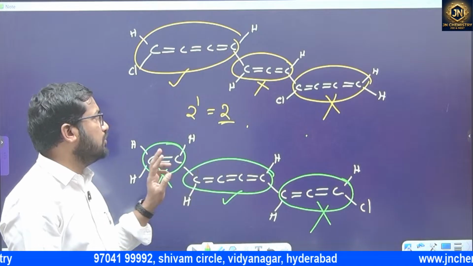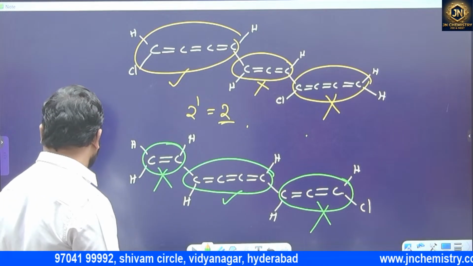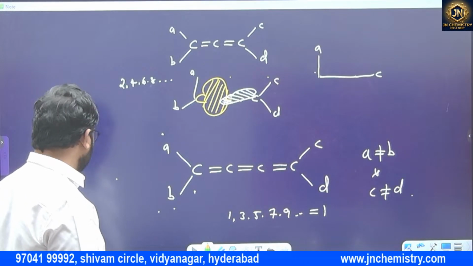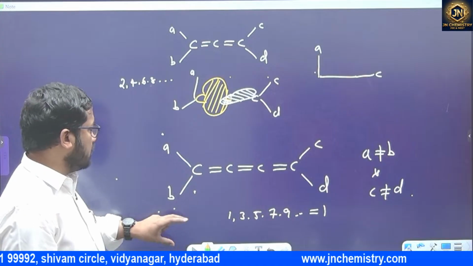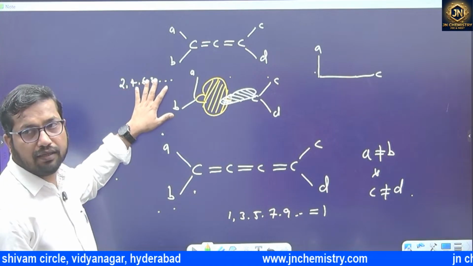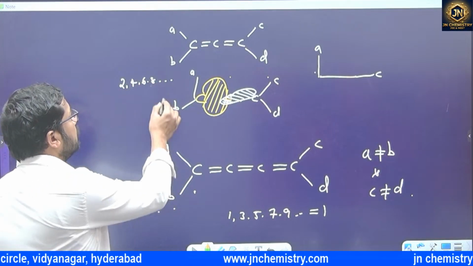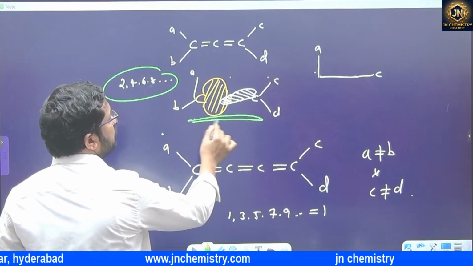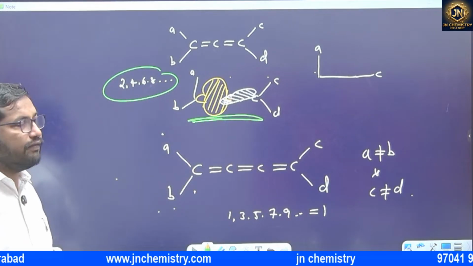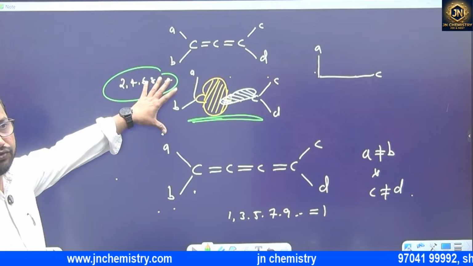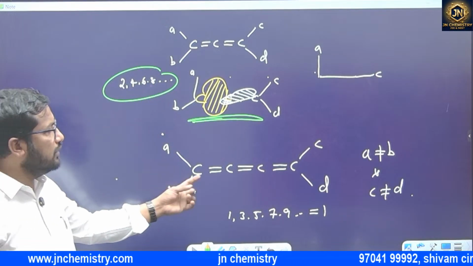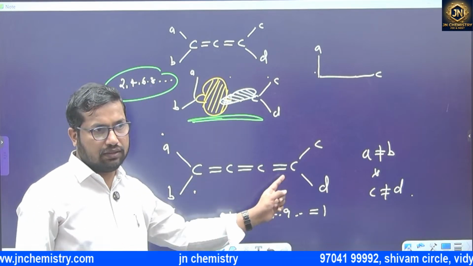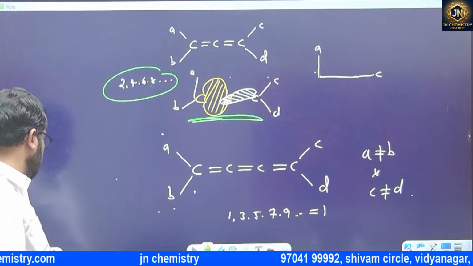So what we need to consider, once again I am telling: whenever an even number of allenes are there, it won't show geometrical isomerism, because both ends are perpendicular to each other. In odd cases, we need to consider. Total is 1. Done?